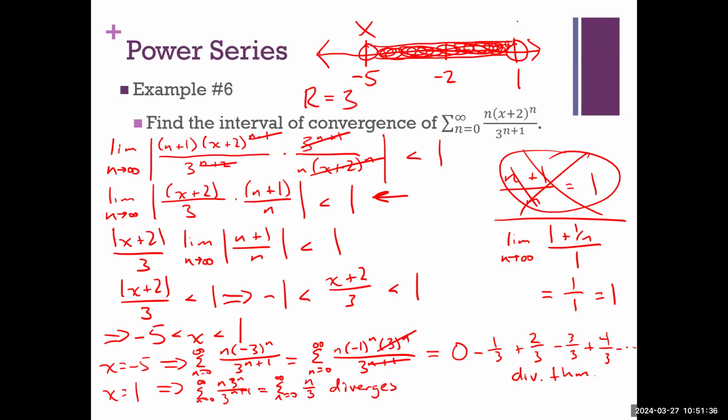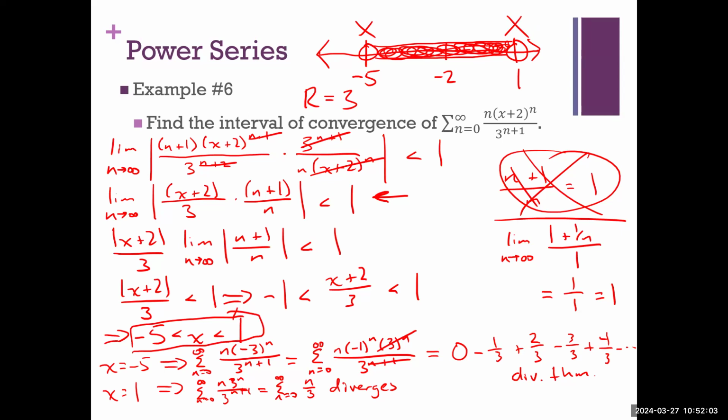So I found my radius of convergence, I found my interval of convergence, and I showed that this interval is totally open. The endpoints both diverge. Any questions?